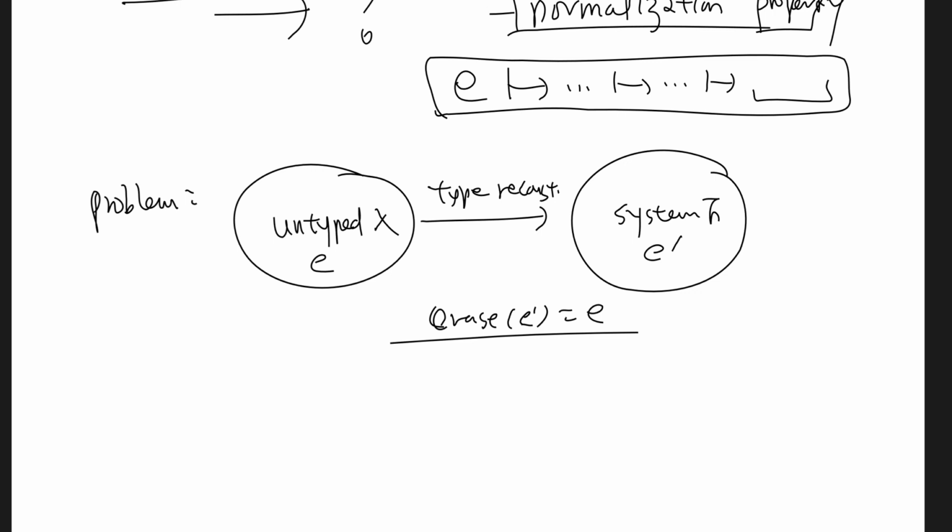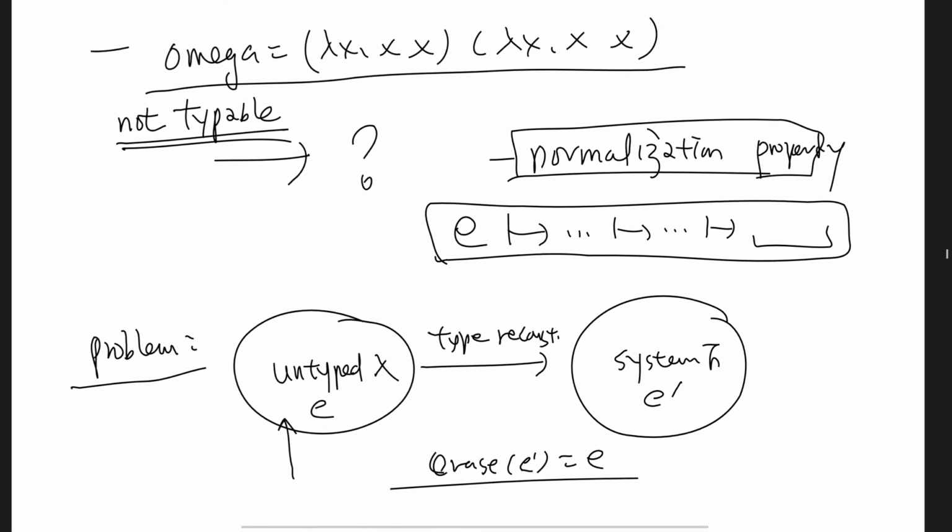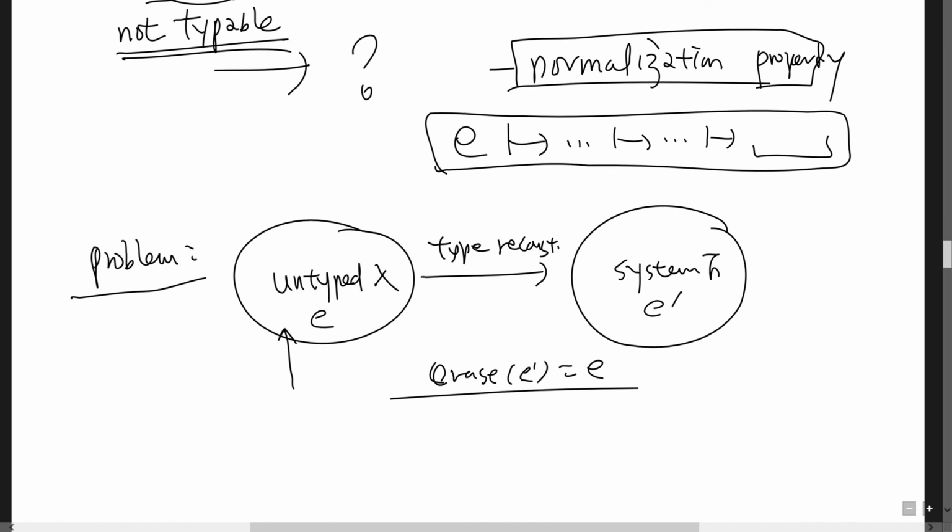This is the type reconstruction problem. Some expressions in untyped lambda calculus are typeable, but there's a counterexample like this omega expression. So not every expression is typeable.